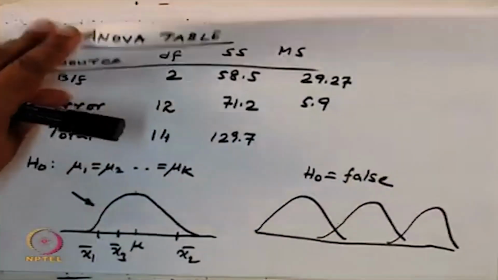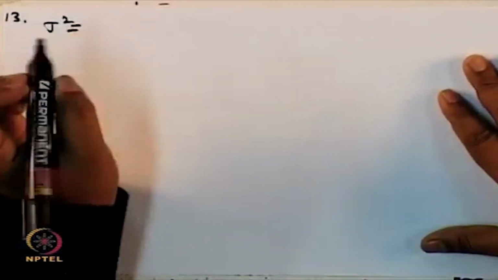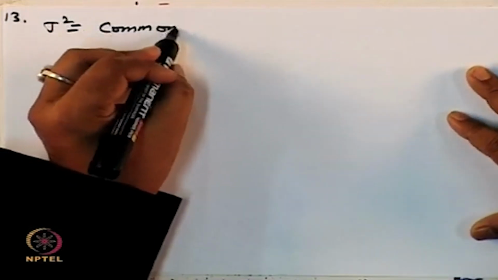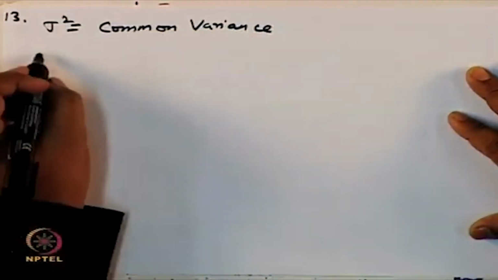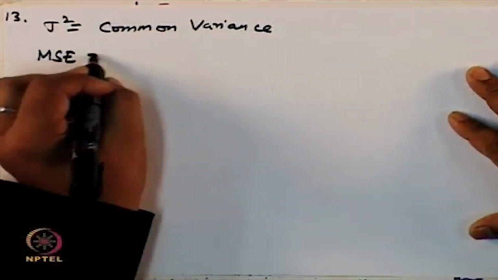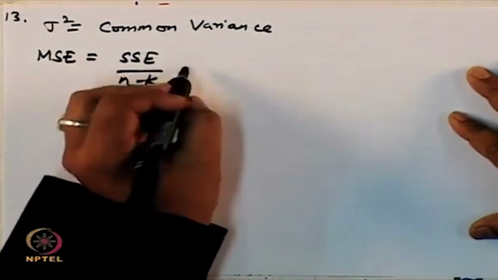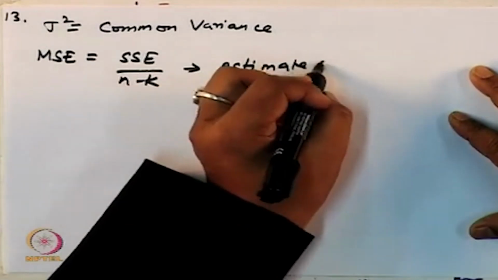Sigma square, your assumption is sigma square is the common variance for all k. So, your MSE, given by SSE by n minus k, is an estimate of sigma square.